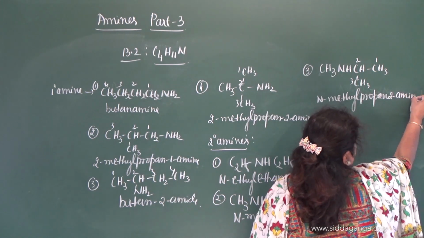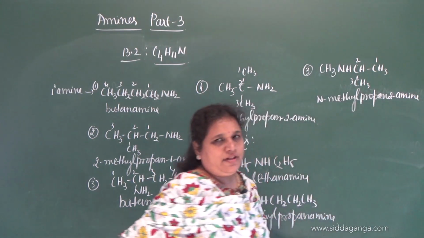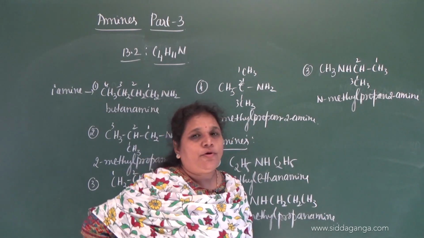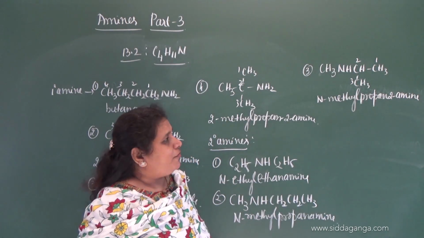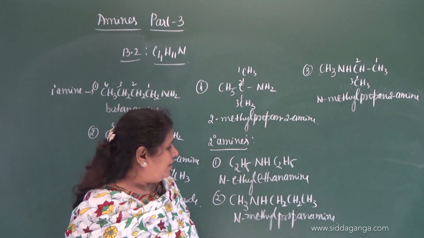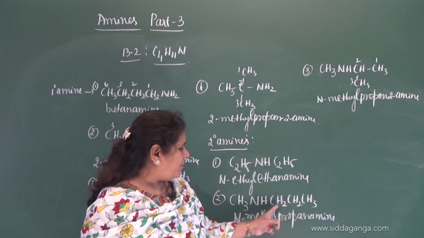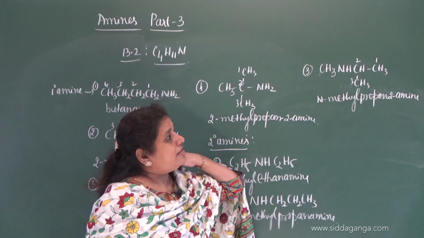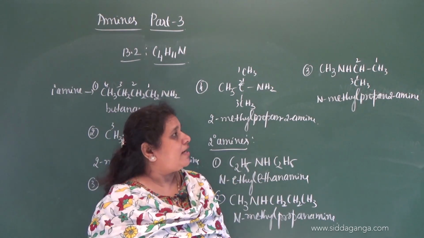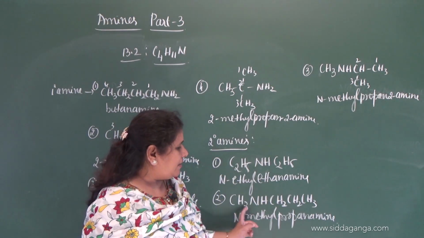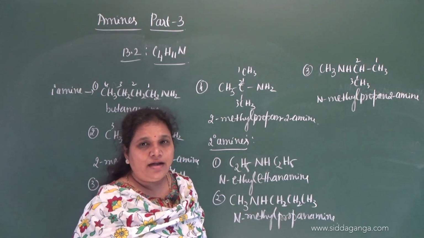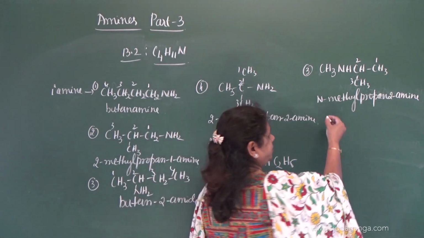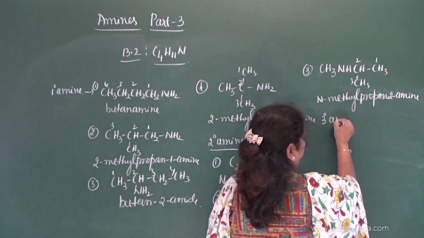The NH group is at the second carbon, therefore N-methyl propane 2-amine is the IUPAC name. And if you move on to the common names, diethylamine, N-propyl methylamine, and methyl isopropylamine. There is a change in the alkyl group. And we can move on to the tertiary amines.